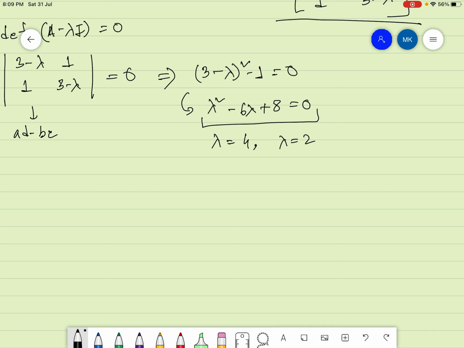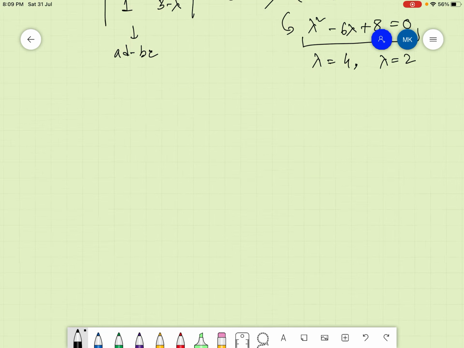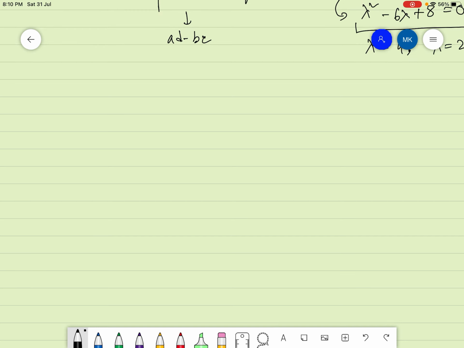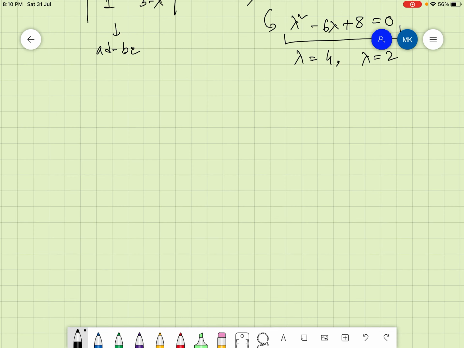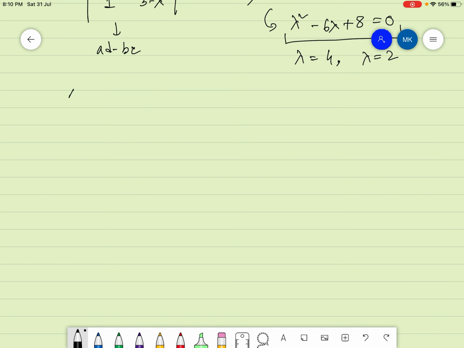So for the eigenvector, we need to find the null space basically. Okay, so our initial equation was (A minus lambda I) x equals 0.